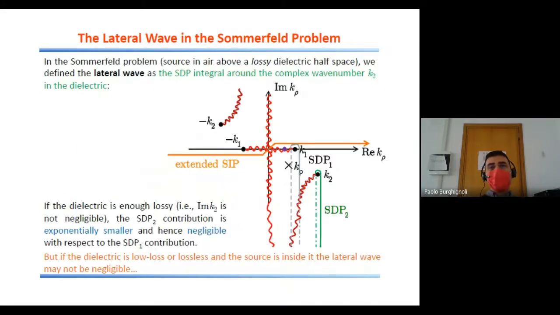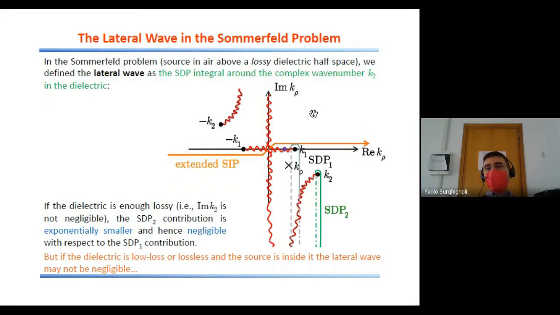So let us come back to the situation we illustrated in the previous lesson, in which again we have a source like a vertical electric dipole, and we have expressed, for example, the reflected field in terms of an integral that is performed along the entire real axis of the complex k-ρ plane. I remind you that k-ρ is the radial wave number. We have expressed the potential, any potential, in terms of inverse Hankel transforms, so in terms of integrals that are performed in this complex plane.